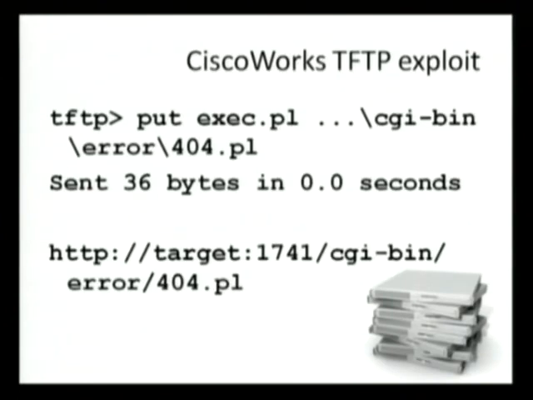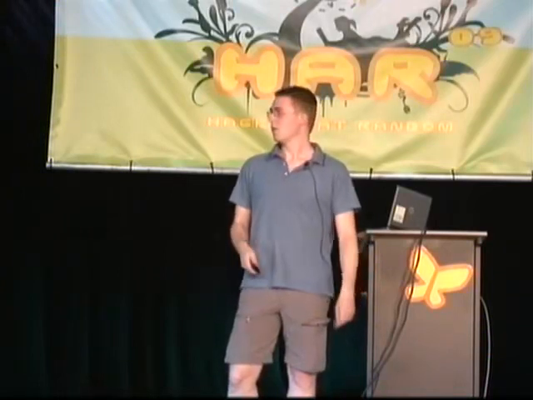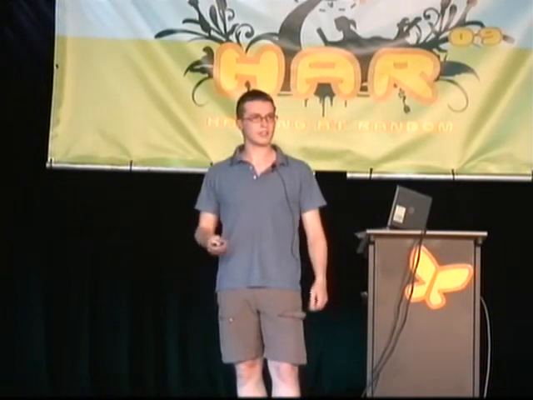You just put ... and you can traverse directories all the way to the system root and grab the boot.ini or something. And you can read files, and you can't create new files, but you can overwrite files. And the TFTP server runs as SYSTEM, so the high privilege user. So I decided to look for an interesting file to overwrite or to get. So to get basically instant compromise.